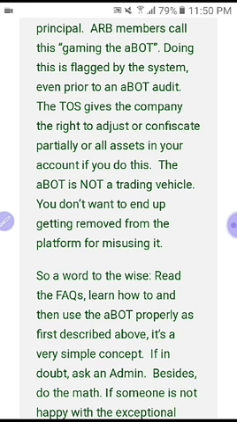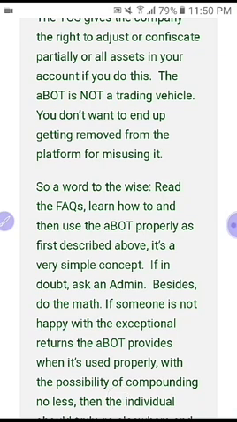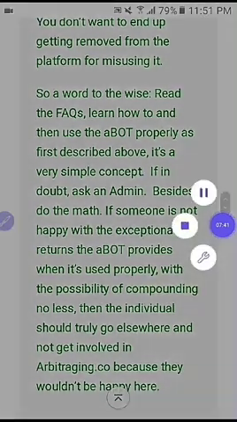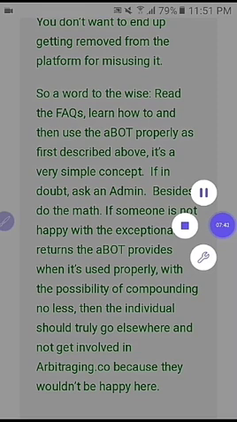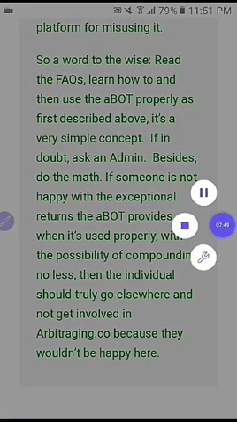The TOS, the terms of service, gives the company the right to adjust or confiscate partially or all assets in your account if you do this. The IBOT is not a trading vehicle. You don't want to end up getting removed from the platform for misusing it. So a word to the wise, read the facts, and then use the IBOT properly as first described above.